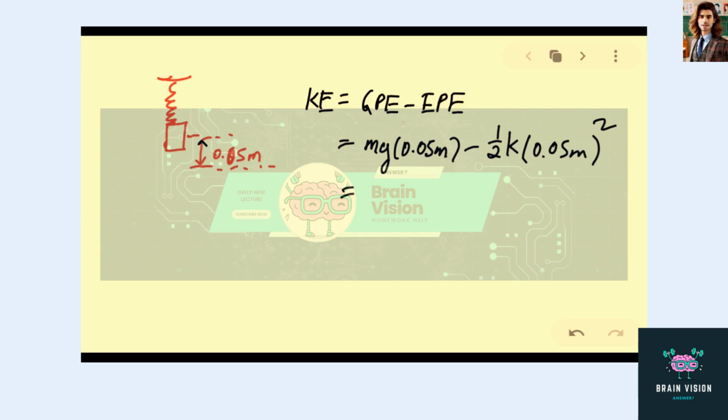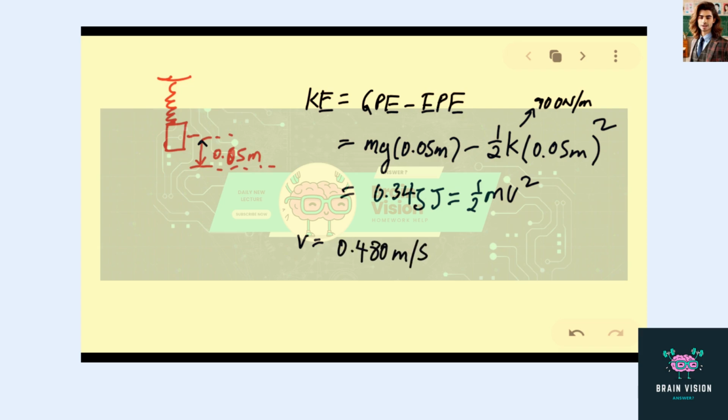So mass of our fish is 3 kg, the spring constant is 900 Newton per meter, so we should get 0.345 joules. Equate this to half mv squared, so we should be able to get what is our v by dividing by the mass of the fish, which is 3 kg, multiplied by 2 and taking the square root of everything, we should get 0.48 meters per second.